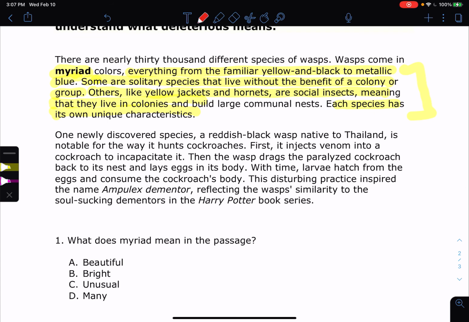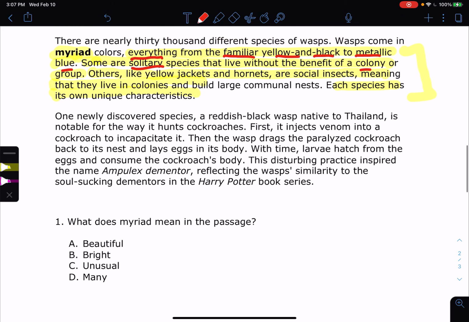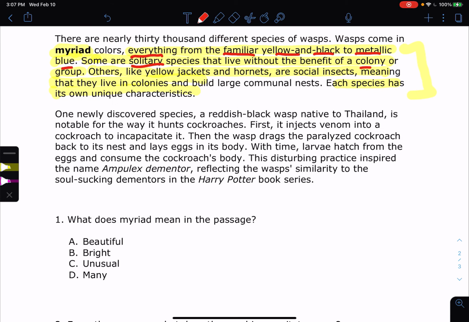I'm going to underline this, everything from familiar yellow and black to metallic blue. Some are solitary. So they're showing you that there are many different types of wasp. Nowhere here is the description of beautiful or bright or unusual. It's just many. Okay.